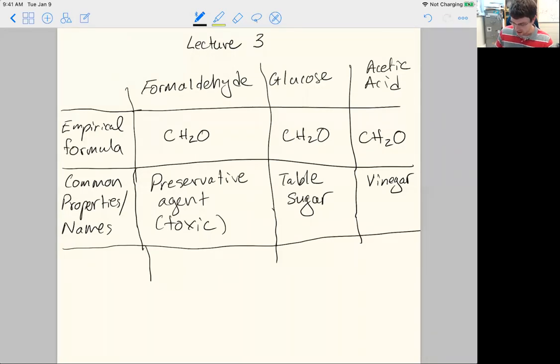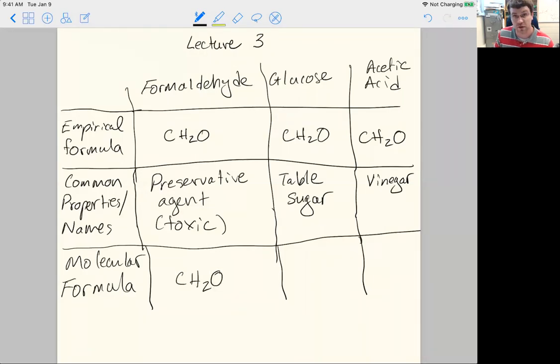So we can get some insights into why these things have such different properties by looking at their molecular formula. The molecular formula of formaldehyde, we said last time, was actually identical to its empirical formula, CH2O. Glucose has a few more carbons, but it maintains the same ratio of oxygens and hydrogens in its molecular formula, to give us a total molecular formula of C6H12O6.